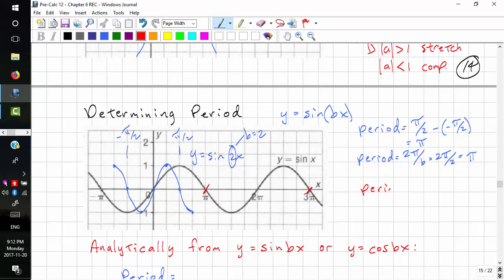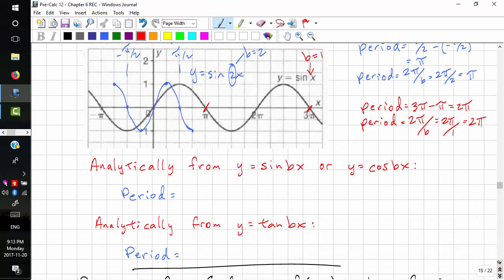Period equals 3 pi minus pi, and that's 2 pi. And again, period can also equal 2 pi over b, that's 2 pi over 1, and that's 2 pi. b equals 1.